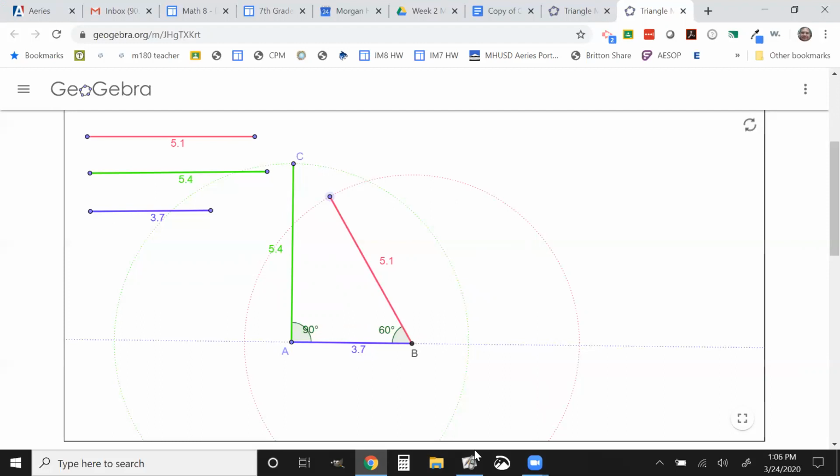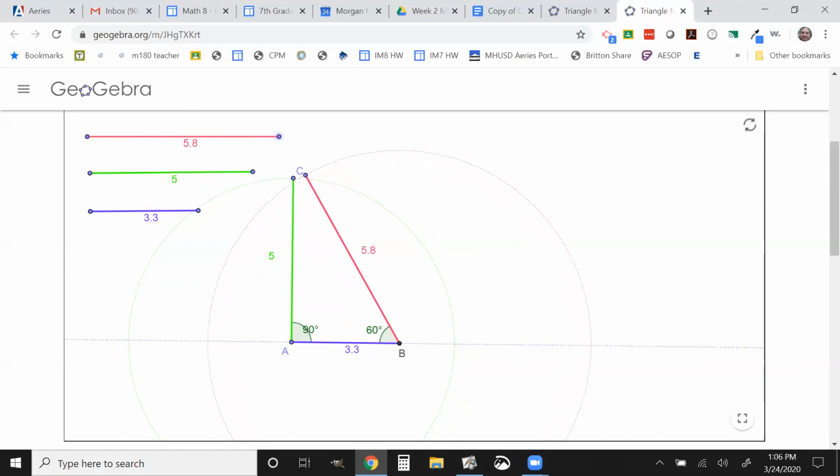There it is. Okay. And I think I'll make this one 5, this one 6, and this one 3. And this one will be whatever it needs to be.